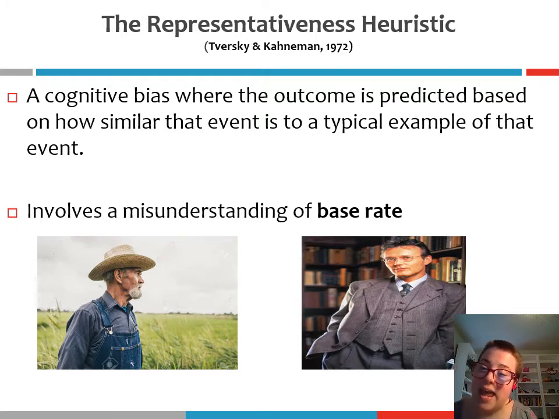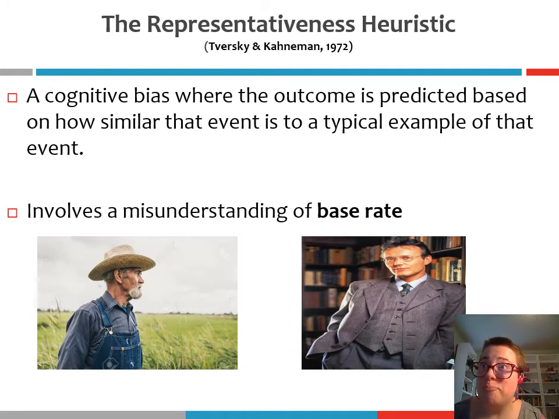However, in making that judgment, they were ignoring or discounting another important source of information. And that particular source of information is the base rates of farmers or librarians currently in the population, right?